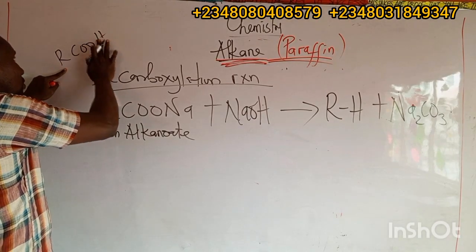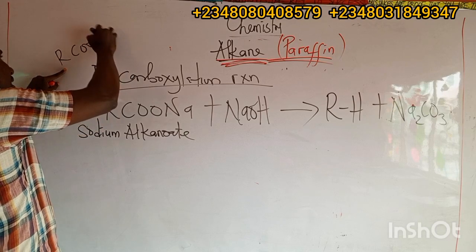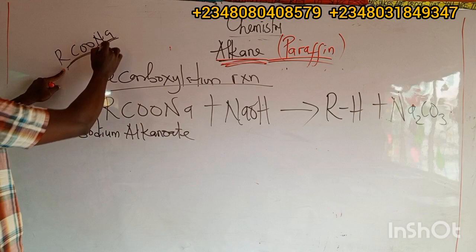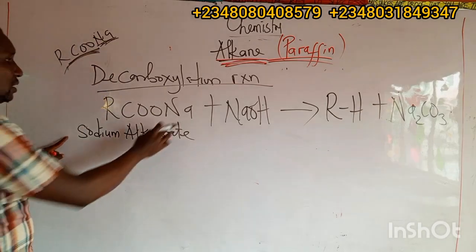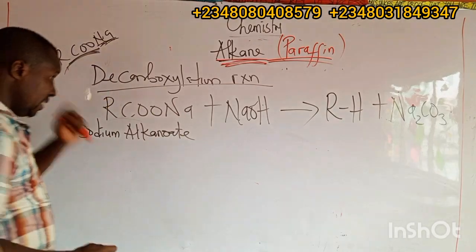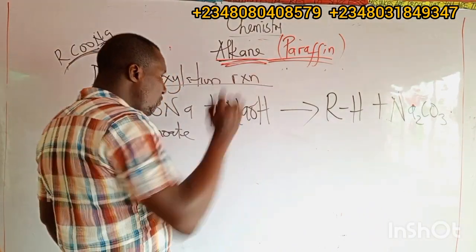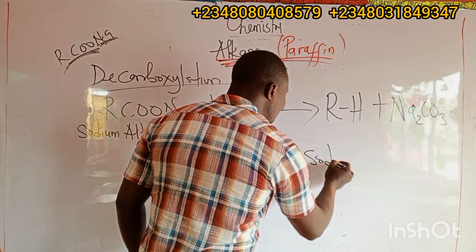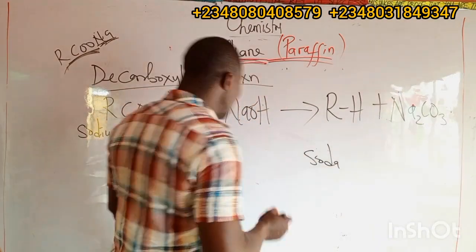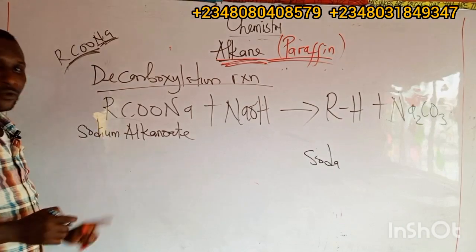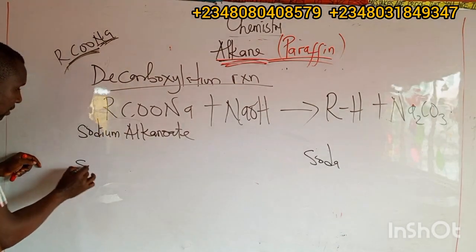Then when this hydrogen is replaced by a metal, we have sodium alkanoate. This is sodium alkanoate reacting with sodium hydroxide from soda lime. Don't forget, soda lime is used in preparation of alkane from sodium alkanoate. Take note, let me quickly write it down.